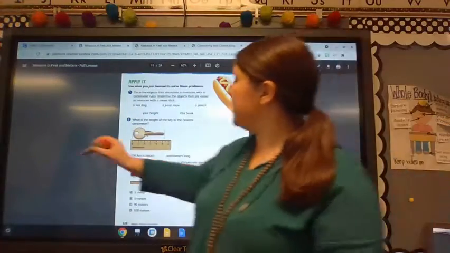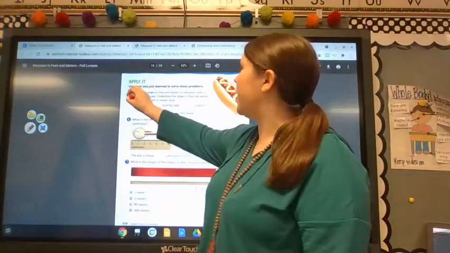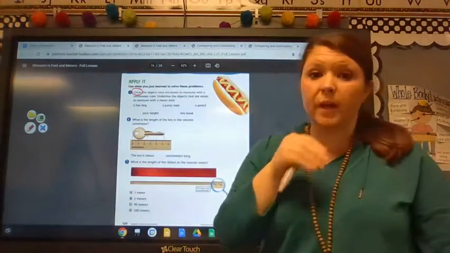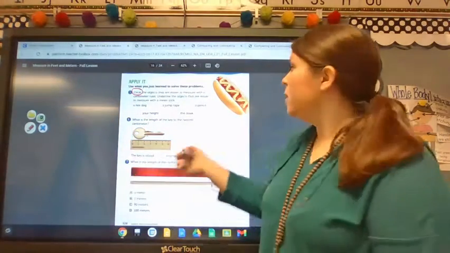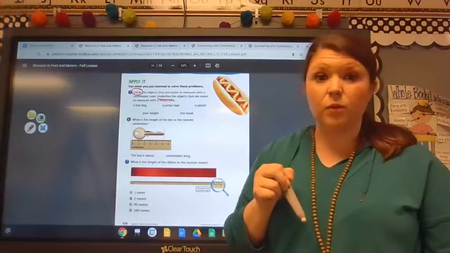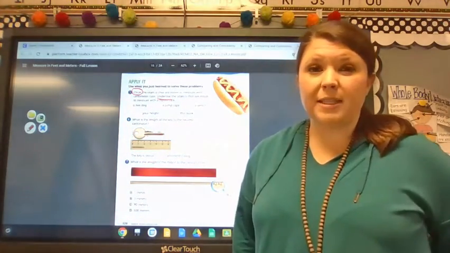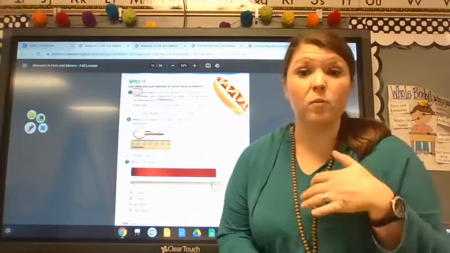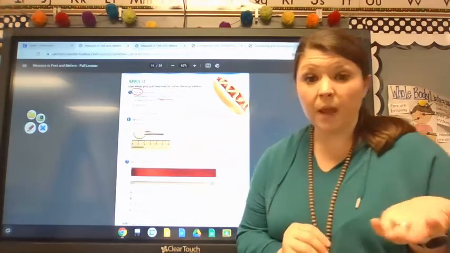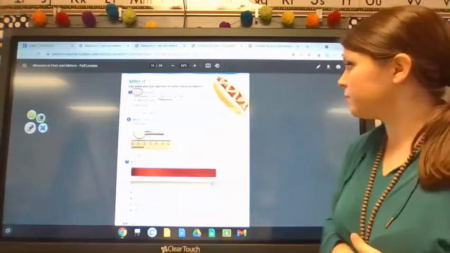Today we're going to do it with centimeters and meters. We're going to circle the objects that we would measure with a centimeter ruler. We're going to underline the objects that would be easier to measure with a meter stick, okay? So go ahead and decide which ones would be more appropriate to measure with a ruler, and which ones with a meter stick.